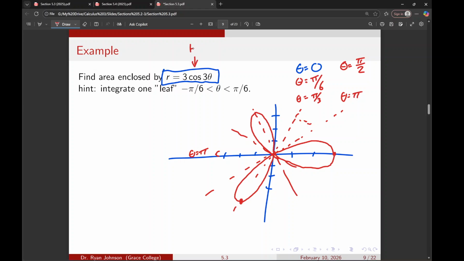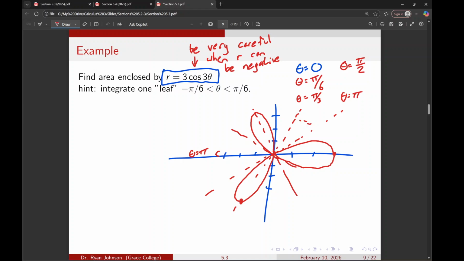So be very careful when r can be negative. Because in this case, we get back to where we started from 0 to pi. And if we go from pi to 2 pi, we just retrace everything we did, just with negative angles.